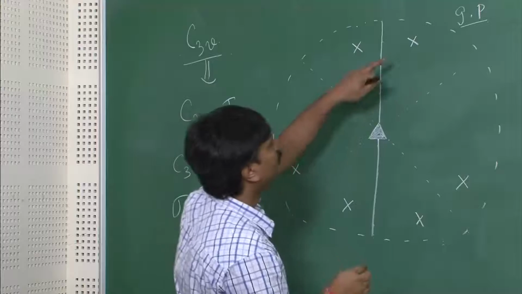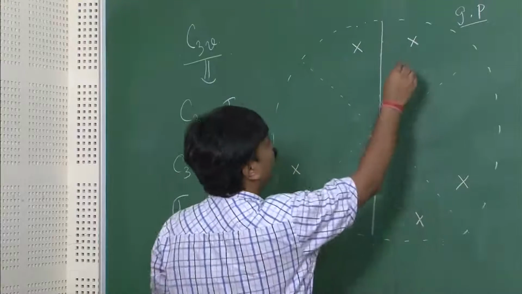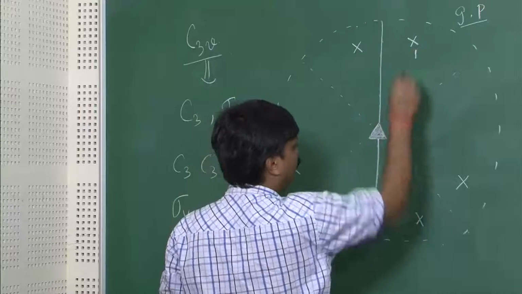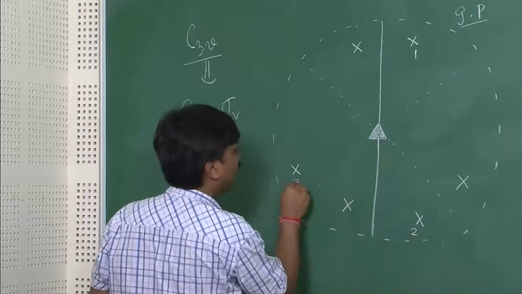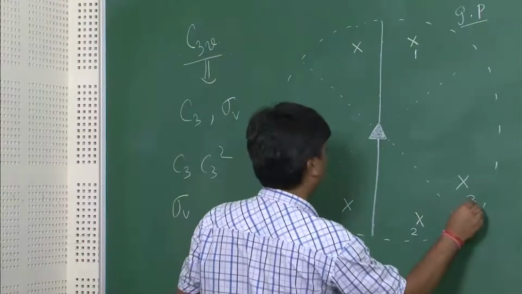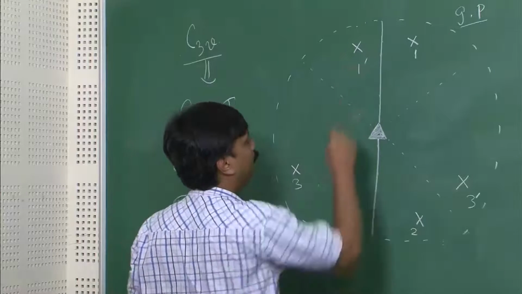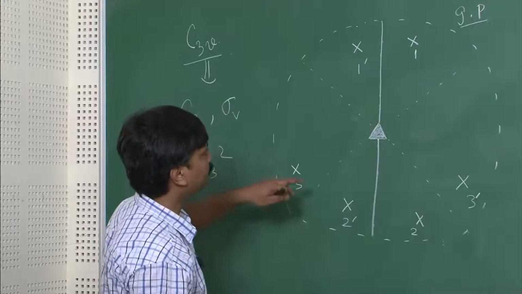Let us mark these points. Say this is my point 1, 2 and 3. Now, this is 3 prime, this is 2 prime, and this is 1 prime.